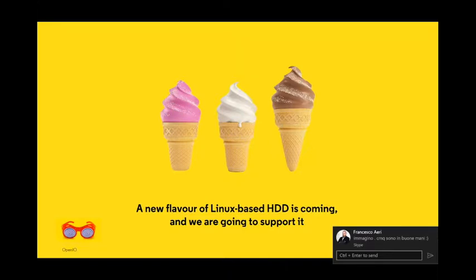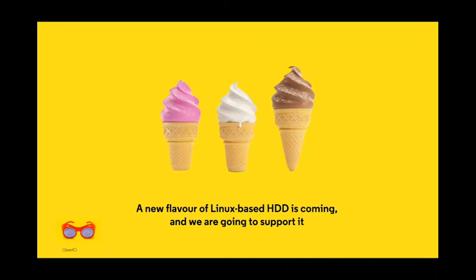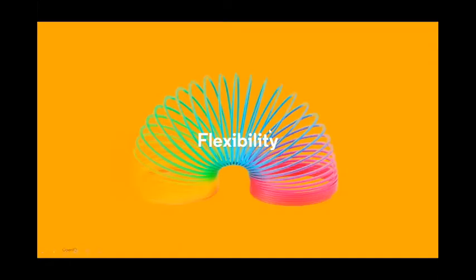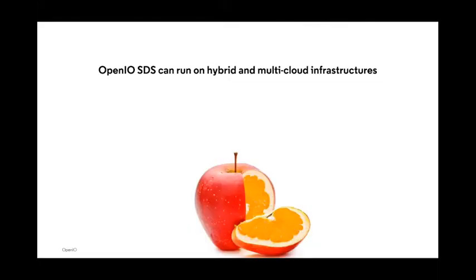The other thing that we can do is flexibility. Because of the lightweight design and the technology that we use, the fact that we can compute this quality score, we are very, very flexible. Flexible means that we can run on hybrid configurations, multi-cloud infrastructures, heterogeneous clusters.